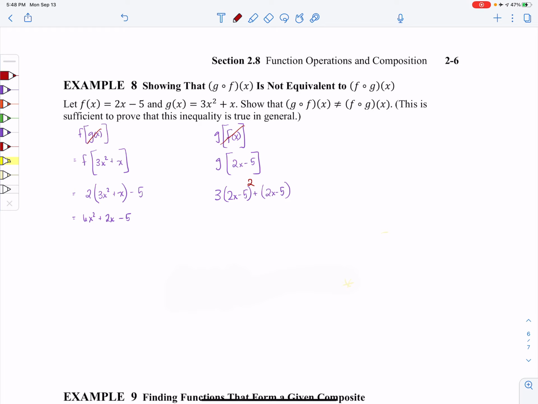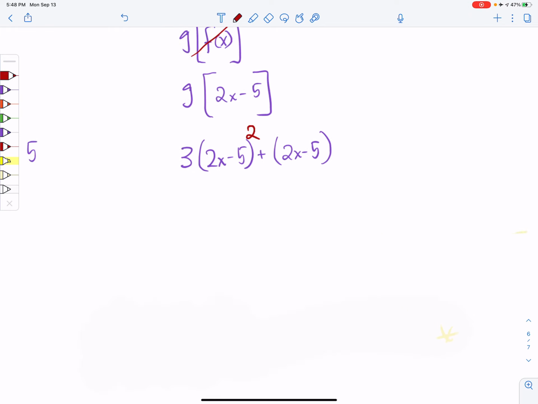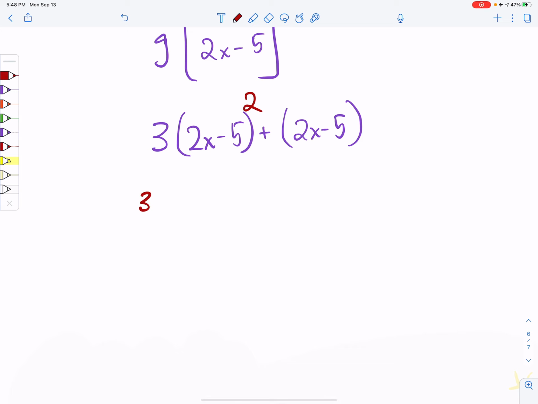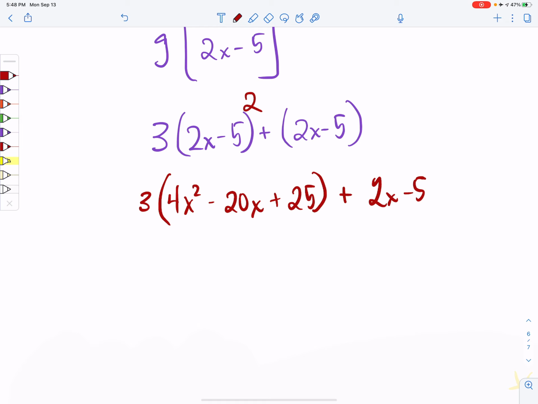And we're following our order of operations, so we'll need to FOIL first. As I FOIL, this is going to be a 4x squared minus a 20x plus a 25. Okay, so that's FOILed and my like terms are combined. I did it all at the same time. Plus 2x minus 5.